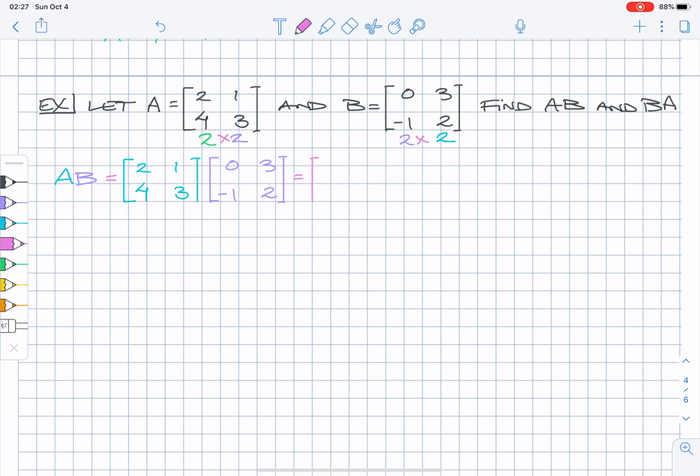Okay, so what do we get? Well, I just take 2 and 4, multiply them by 0, 0, and add those to 1 and 3, multiplied by -1, -1. Then I take 2 and 4 and multiply that by 3 and 3. Then I take 1 and 3, multiply that by 2 and 2.